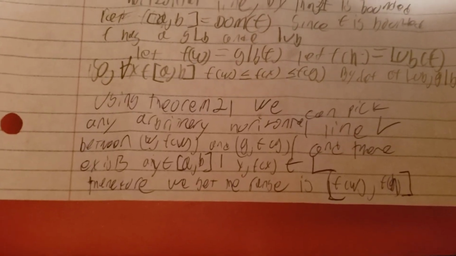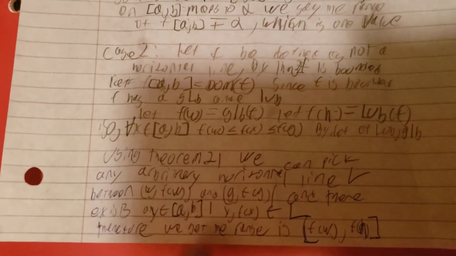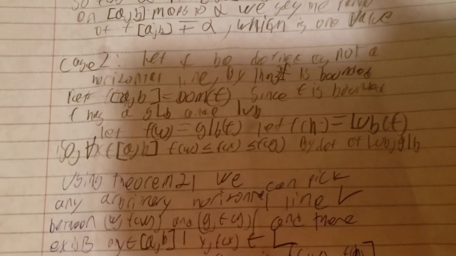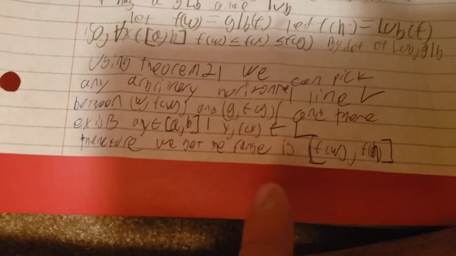So how that looks in the writing is: using theorem 21, we can pick any arbitrary horizontal line L between f of w and f of h. And there exists a y that's an element of a comma b, such that y, f of y is an element of L.